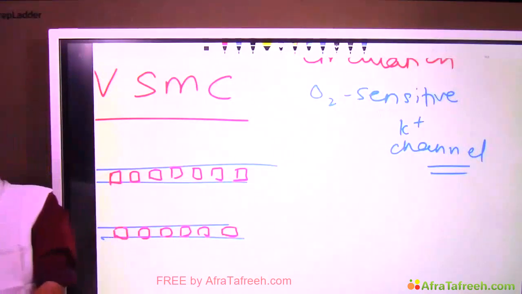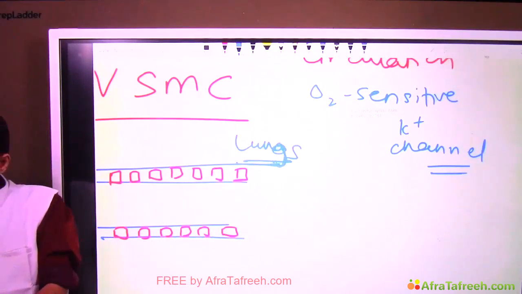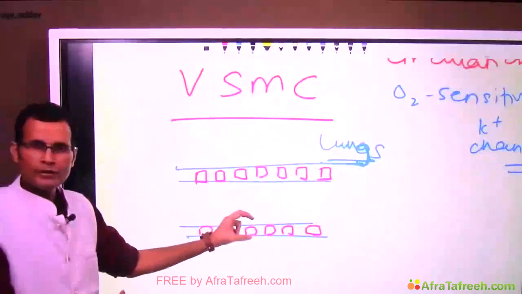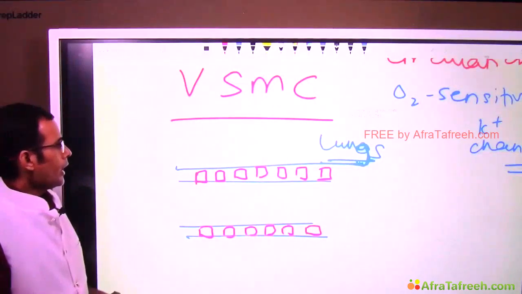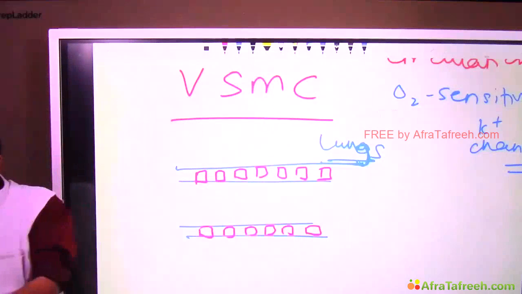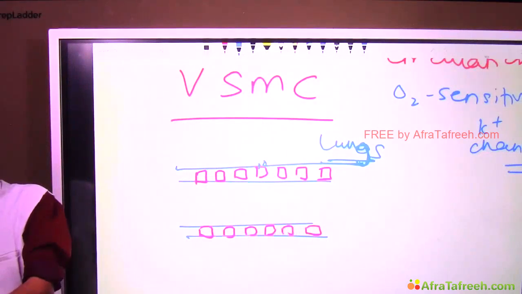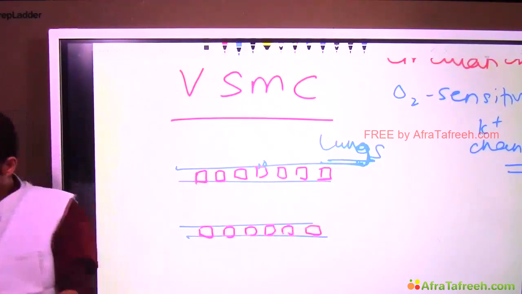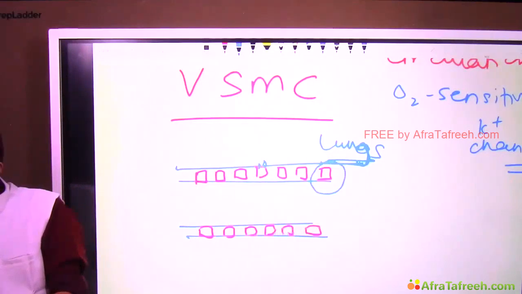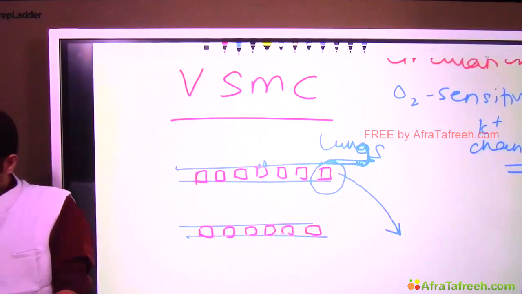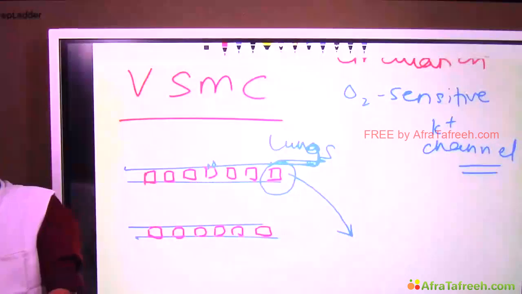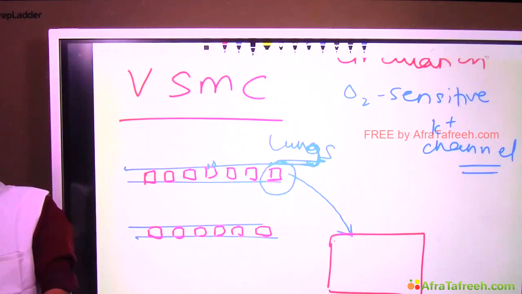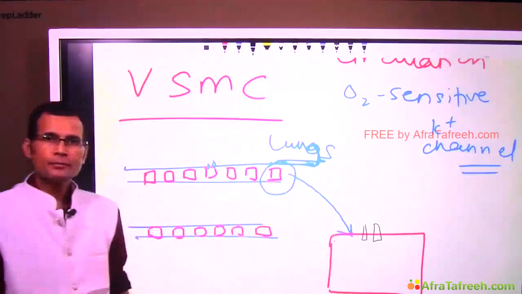Let's consider the lungs. Now, in the lungs, this blood vessel, and the channel that we are discussing is O2 sensitive potassium channel. So I'm just enlarging this smooth muscle cell. Enlarged view of the smooth muscle cell. Here it is. Its membrane contains this O2 sensitive potassium channel.